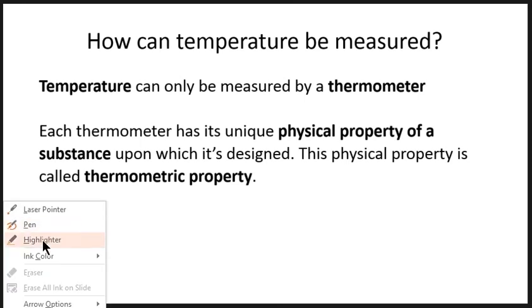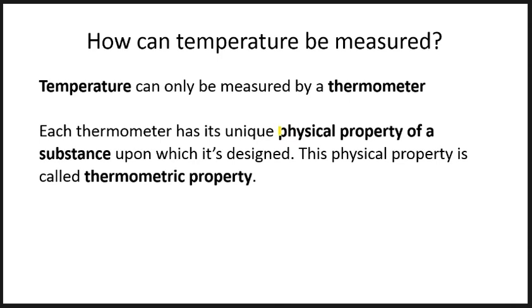It's very, very vital. Each thermometer has a physical property of a substance, and it is on the basis of the property of the substance that the thermometer is designed. Another word for that is thermometric property.